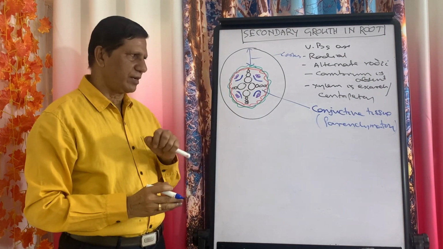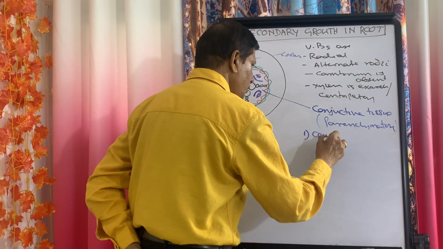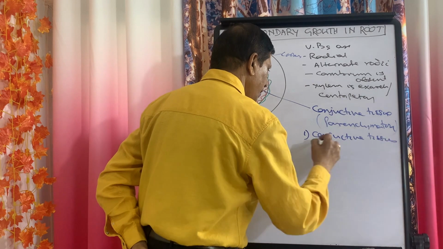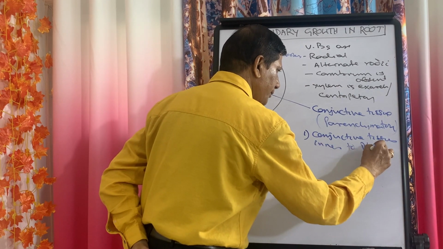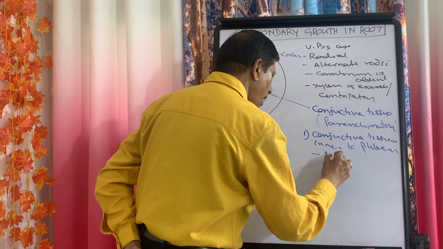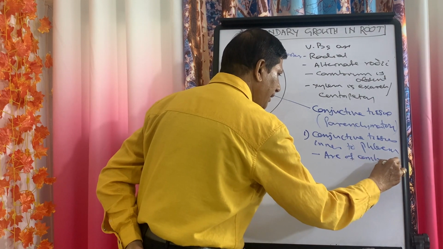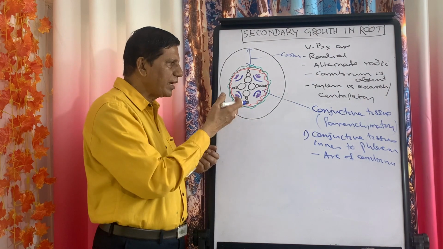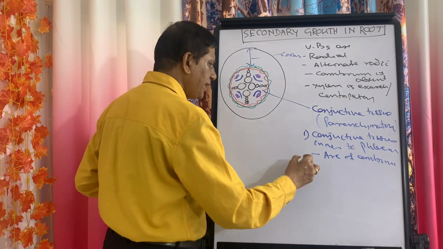This is the first step. That means the first step: conjunctive tissue inner to phloem gives rise to arc of cambium, and again this arises by the process of dedifferentiation, because from the parenchymatous tissue, meristematic tissue is arising.